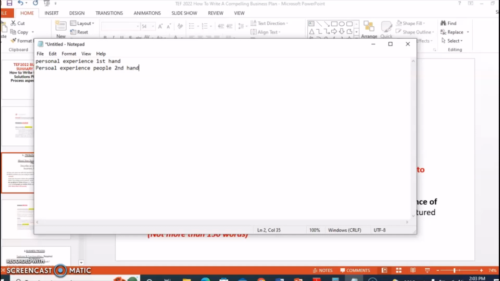This is second hand, this is first hand. So first hand is you experience the problem yourself, and you found a way to solve that problem, and now you want to profile it as a solution to a larger number of people using your business in such a way that it makes profit for you, right?